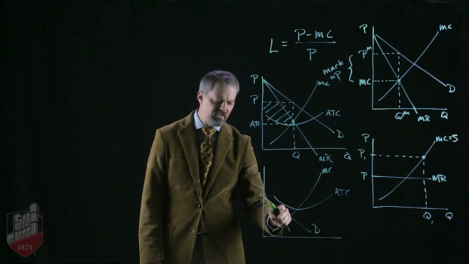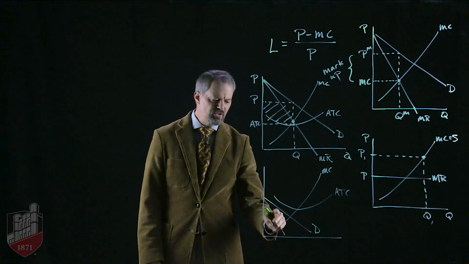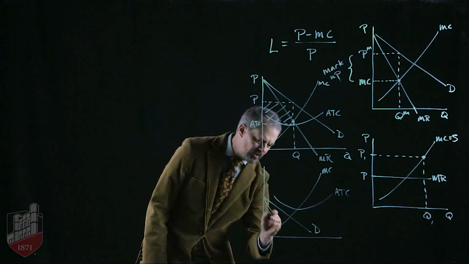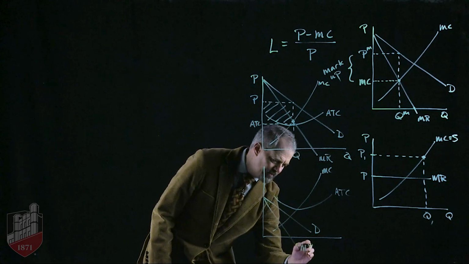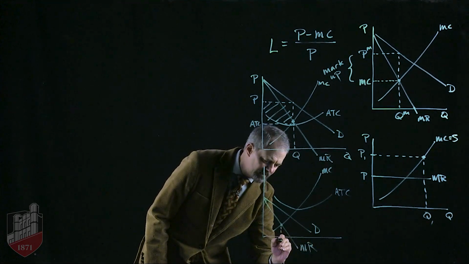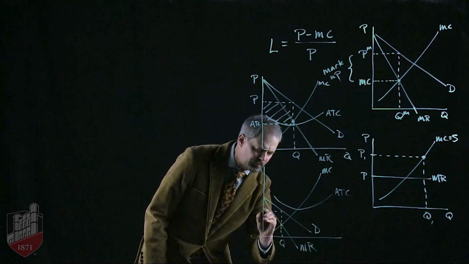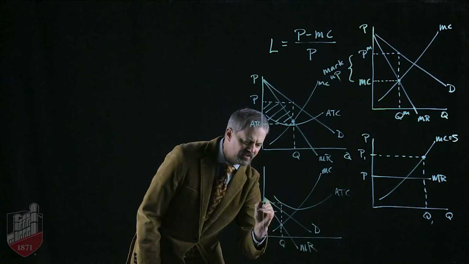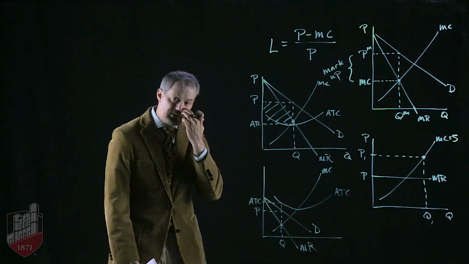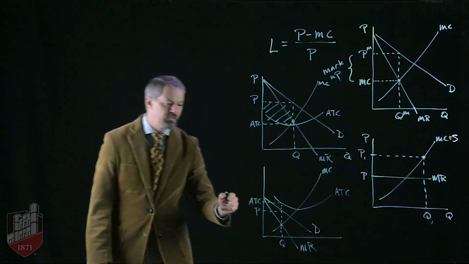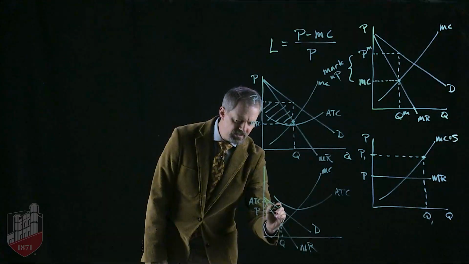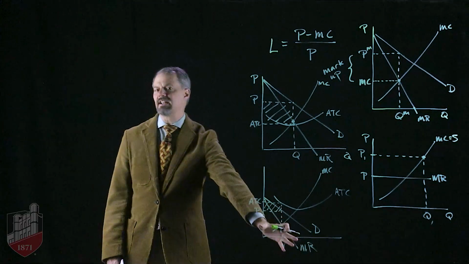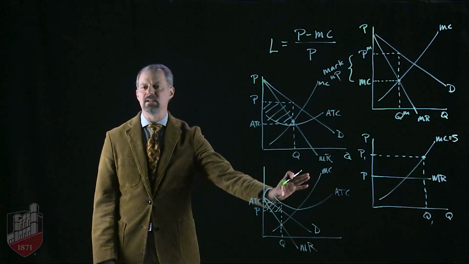Remember, price is always going to come from this demand curve. There's no way they'd ever be able to charge a price high enough to make a positive profit. If we put the marginal revenue curve up here, then they're going to produce this quantity. They're going to charge this price. And if we go up from that quantity to the average total cost curve, we see that their average total cost is higher than their price they can sell it for. The loss that they will earn would be the area of that rectangle right there. That's a picture of a monopoly earning a negative profit. In the long run, that monopoly would exit the market.